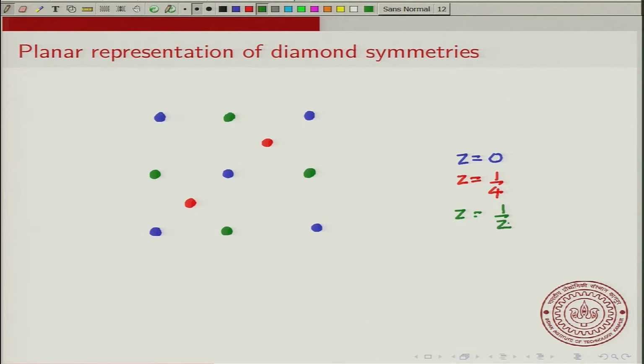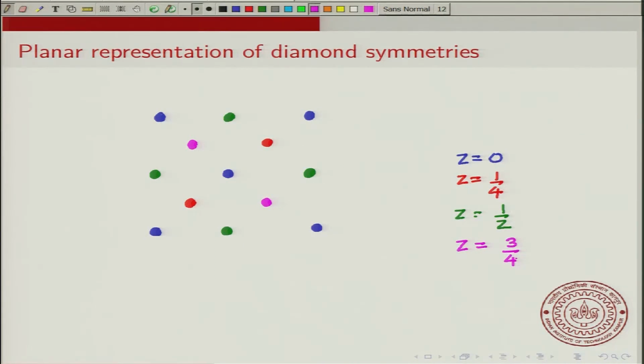And at z equal to 3/4, you had points that were located here along this other body diagonal. So these are at 4 different values of z, and this was the representation of the diamond structure.